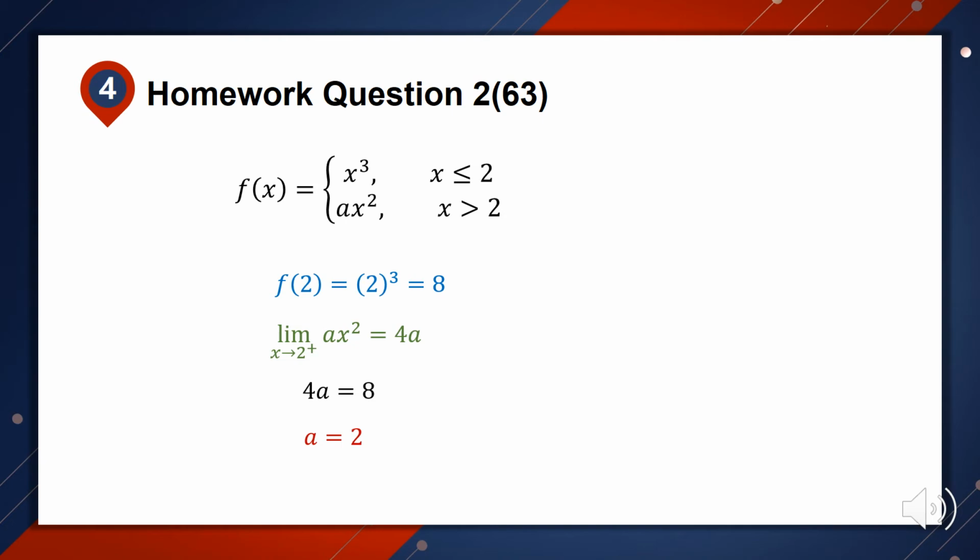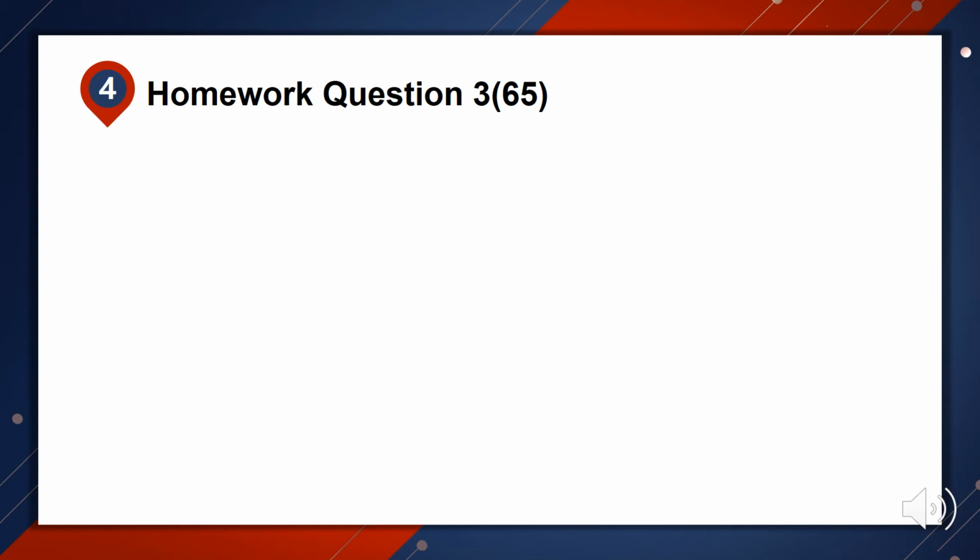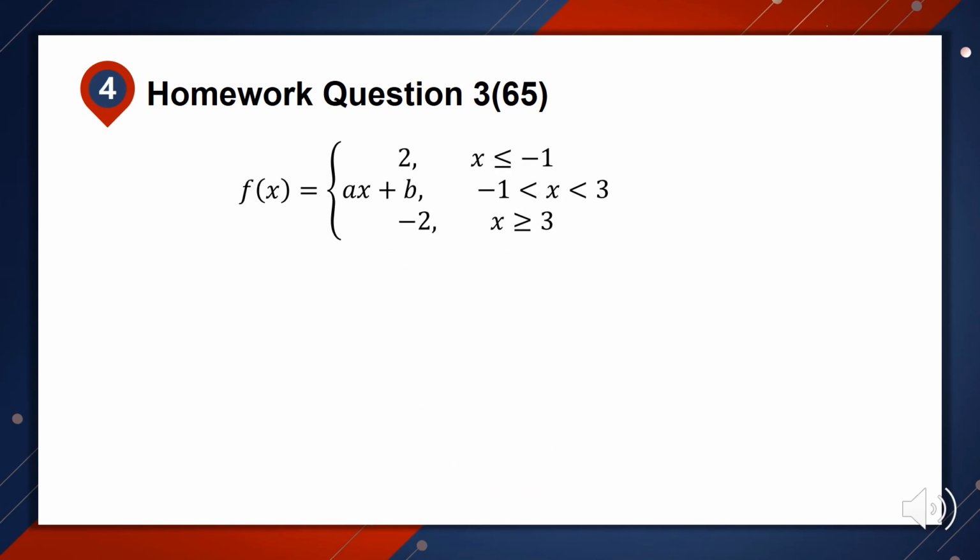The third question is the piecewise function f of x equal to 2, x is less than or equal to negative 1. f of x is equal to ax plus b, negative 1 is less than x and less than 3. f of x is equal to negative 2 when x is larger than or equal to 3.